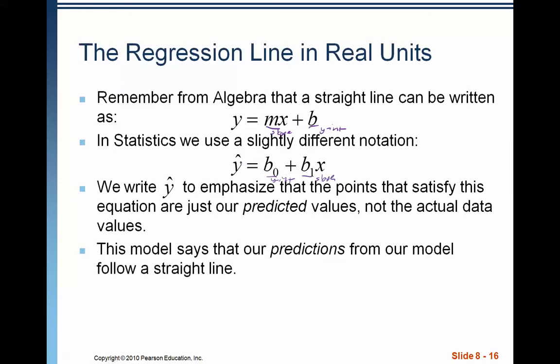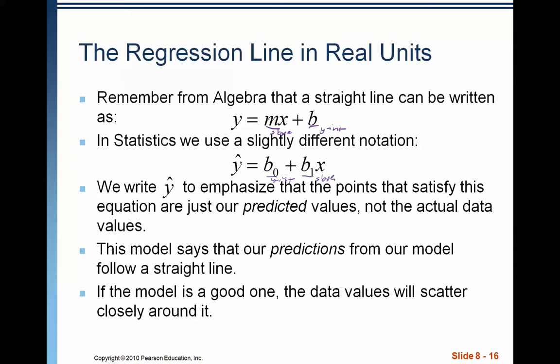We're saying that this model is our predictions about the data set that we have that follows a relatively straight line. If it's a good model, then the data values will be scattering closely around this line, okay?